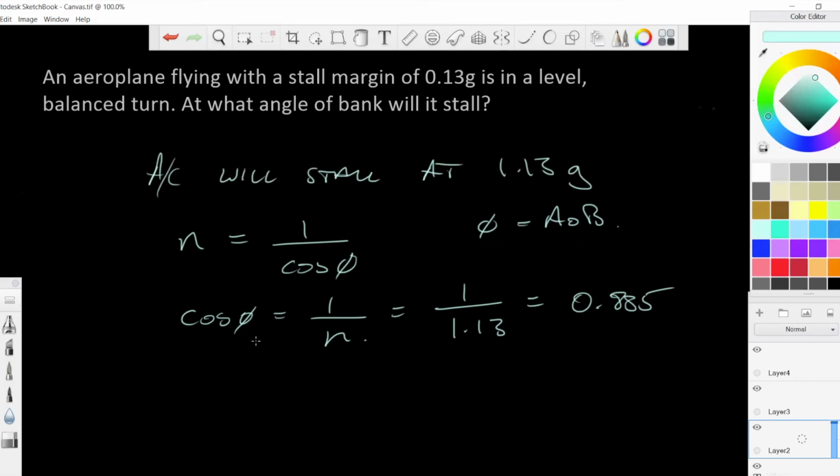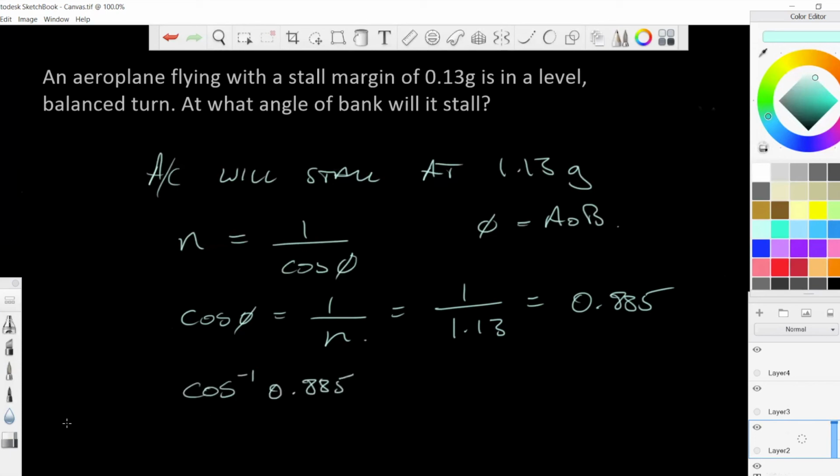If you want to find an angle knowing the cosine, then what we want is to use the inverse cosine function. If I know what cos phi is and I want to know what phi is, I take the inverse cosine of the value of cos phi. In this case, I know that cos phi is 0.885, so we want to take the inverse cosine of 0.885.